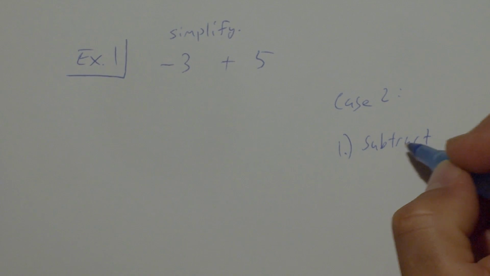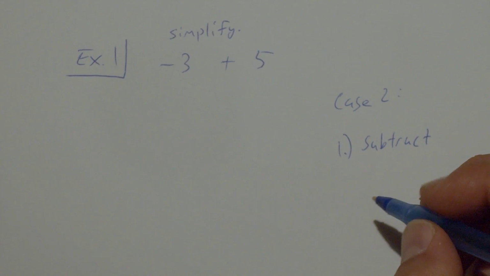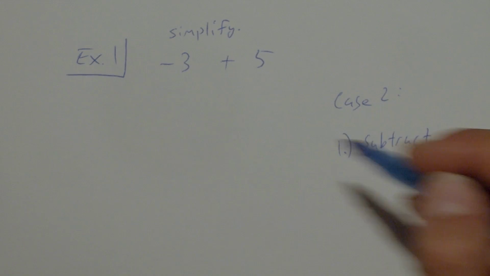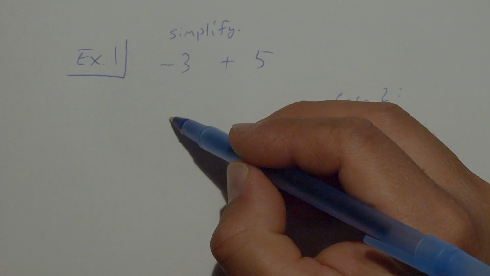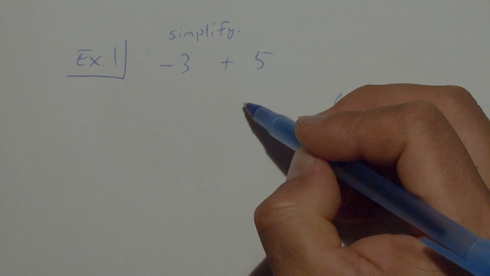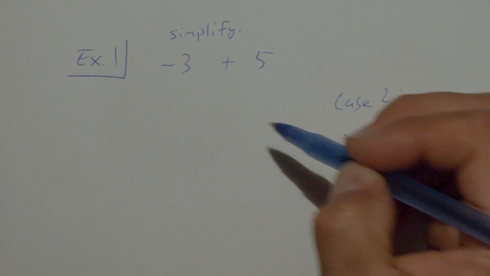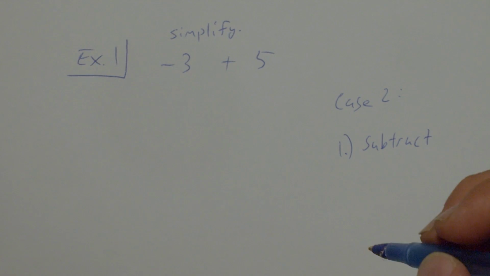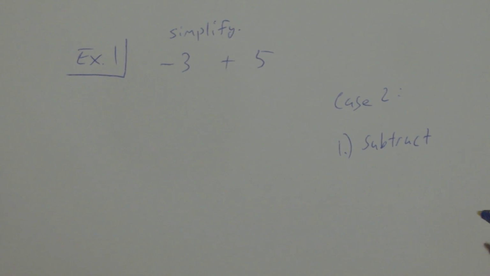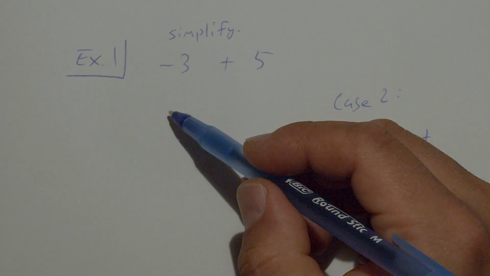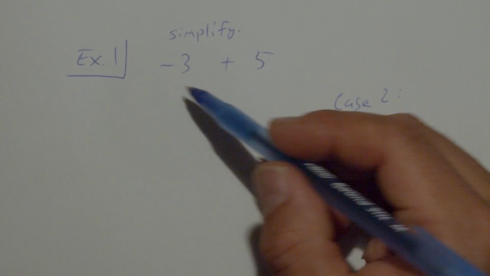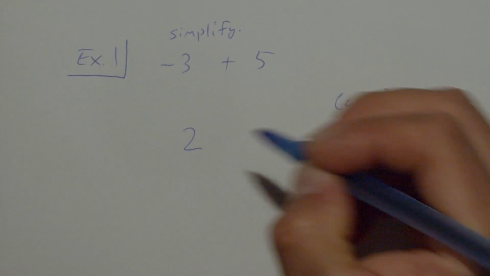We're going to find the absolute value of these 2 numbers, which is, absolute value of -3 is 3, right? Absolute value of 5 is 5, right? Okay, so we're going to subtract big minus the small of the absolute values. The big absolute value is 5, the smaller absolute value is 3, and 5 minus 3 is 2.